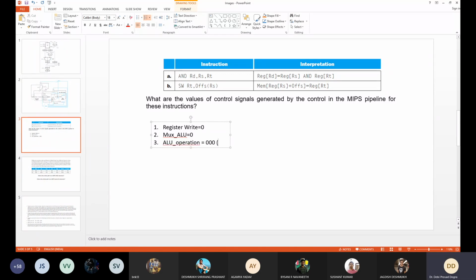You can here write that 0 0 0 means AND, 0 0 1 means say OR and etc. Again, this is just a convention. You can change it. Okay.